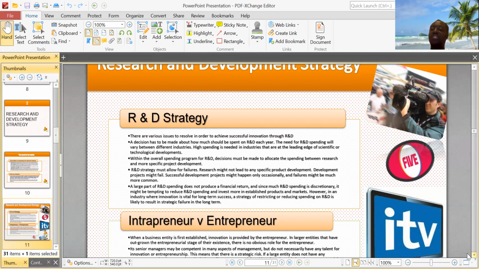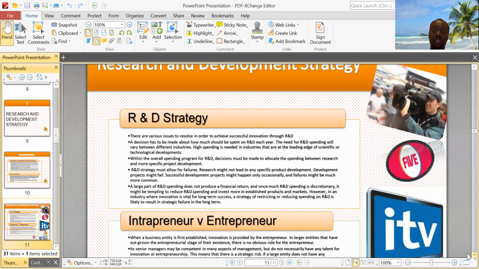R&D spending does not necessarily produce a financial return. The things you are researching in order to bring to the market might not work, so it does not guarantee a financial return. So there's a temptation to cut research and development in order to save your P&L and rather use that money to invest in more established markets.